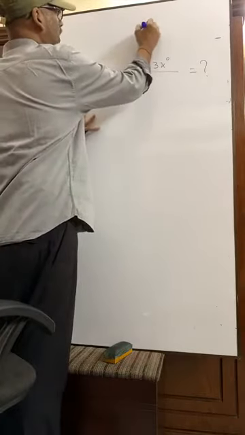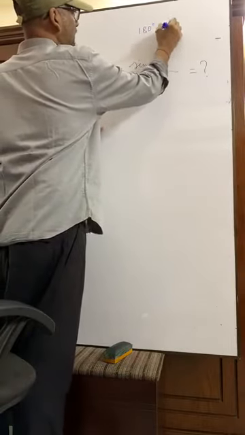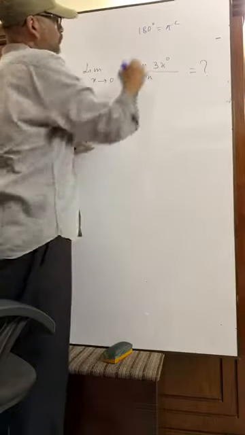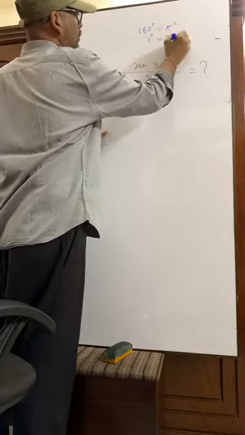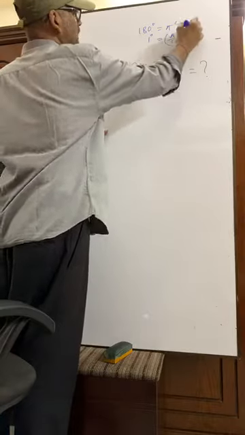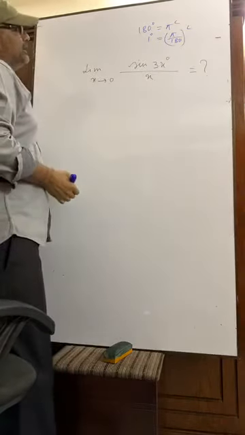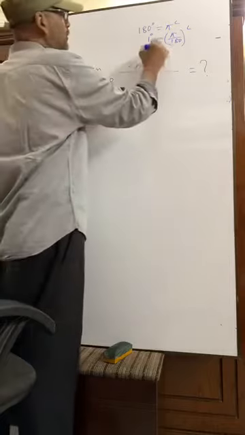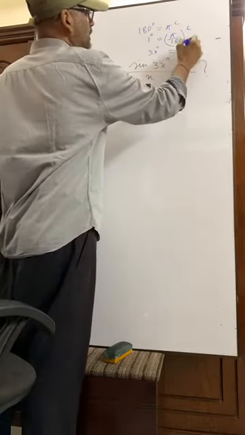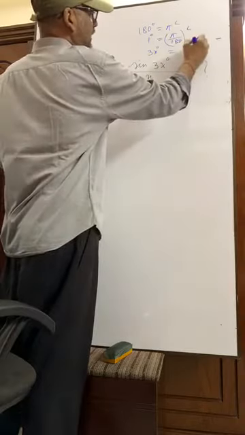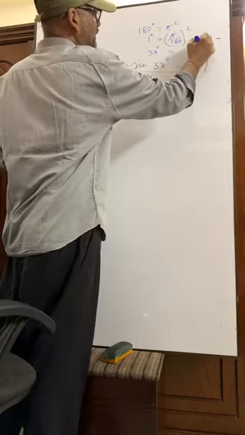We know 180 degree equals pi radian. From here, 1 degree equals pi by 180 radian. Then what is 3x degree? So 3x degree will be equal to 3 pi by 180, that is pi by 60 radian.